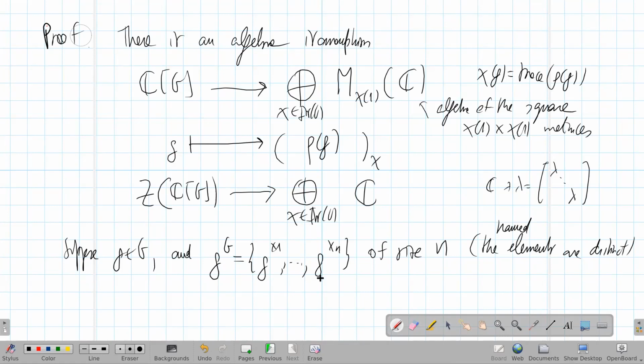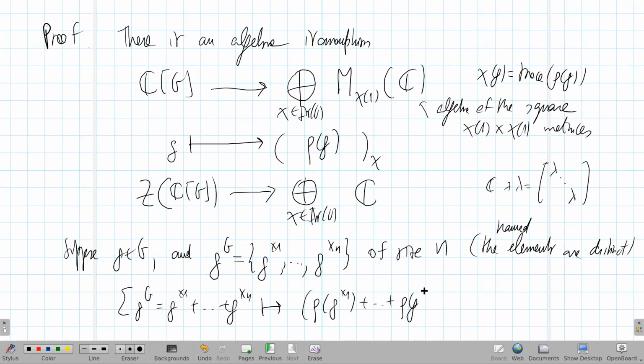So this sum of the elements of the conjugacy class goes, under this isomorphism, which is just the restriction of the isomorphism to the center, to the sum rho of gx1 plus up to rho of gxn, in the chi component, meaning the component where I am.